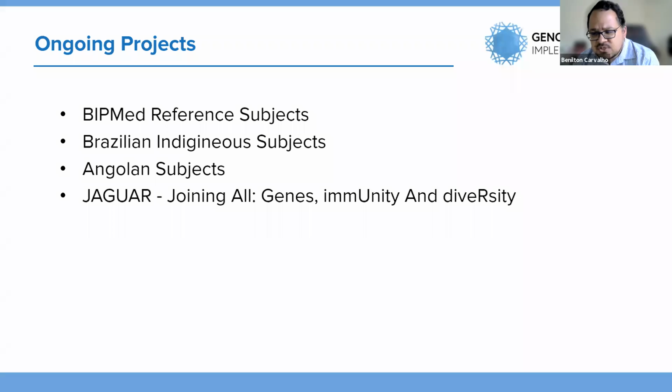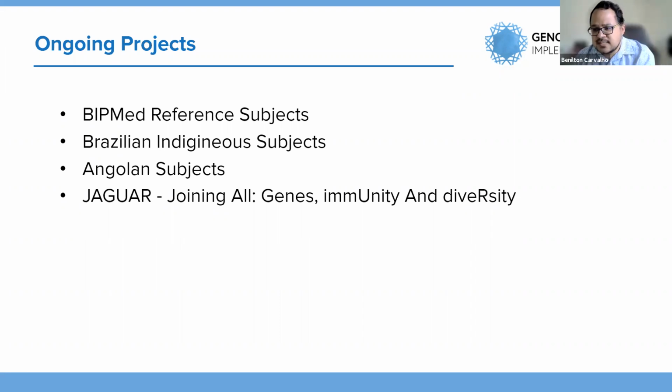And in addition to that, we are also a big fan of the Beacon. We have set up our own a while ago, and it's been working nicely. But we do have four main projects that we would like to highlight.